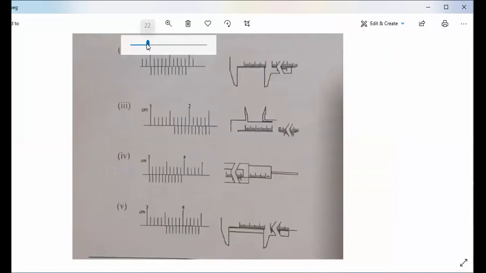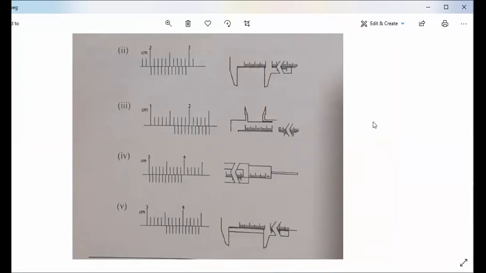The second figure, because the second figure shows a smaller measurement. So it should be the external diameter. The fifth figure shows a larger distance. The height of the cylinder is larger, therefore the fifth figure should be larger.